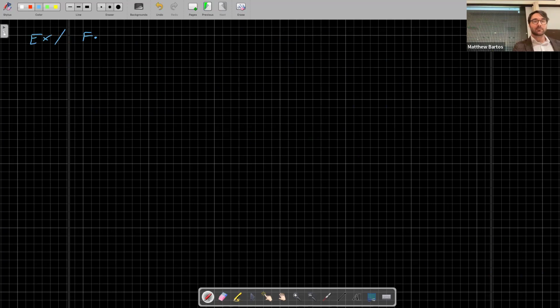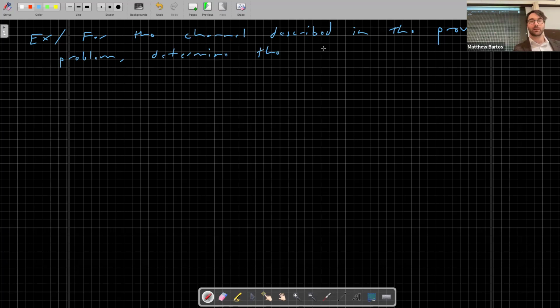So for the channel described in the previous problem, I want to determine the depth of flow if the discharge is 100 cubic feet per second.